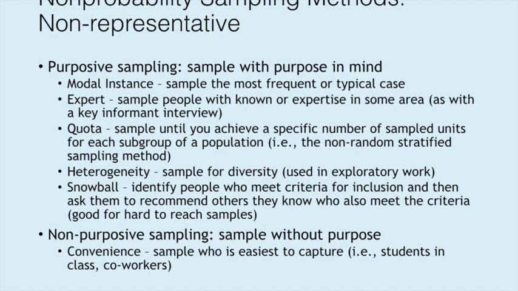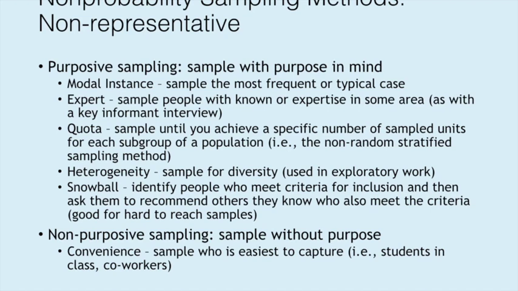Then heterogenic samples would be sampling for diversity, most often used when you're exploring an area for the first time. Snowball sampling is when you identify people who meet the inclusion criteria for your study and then ask them to recommend others that they know who meet the criteria also.